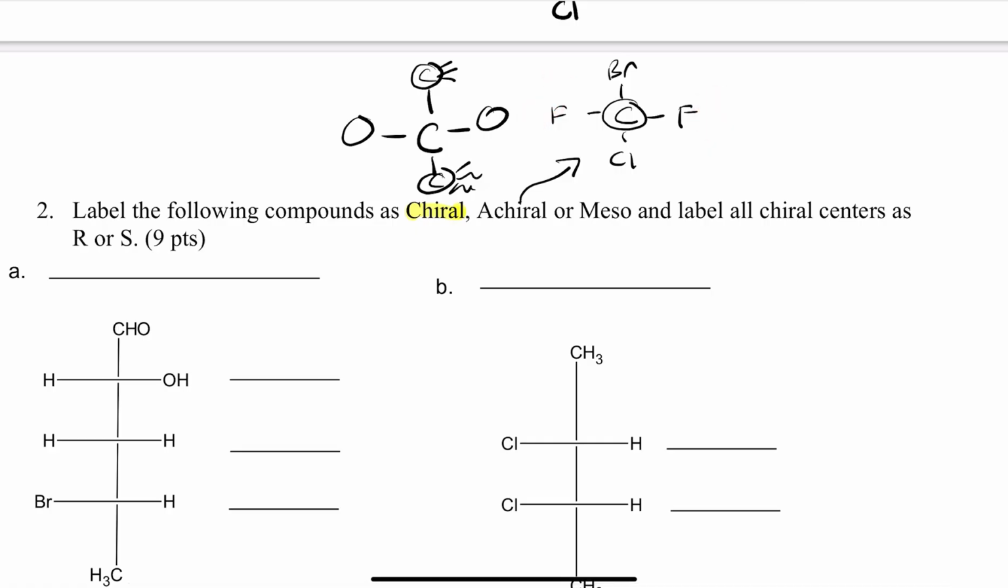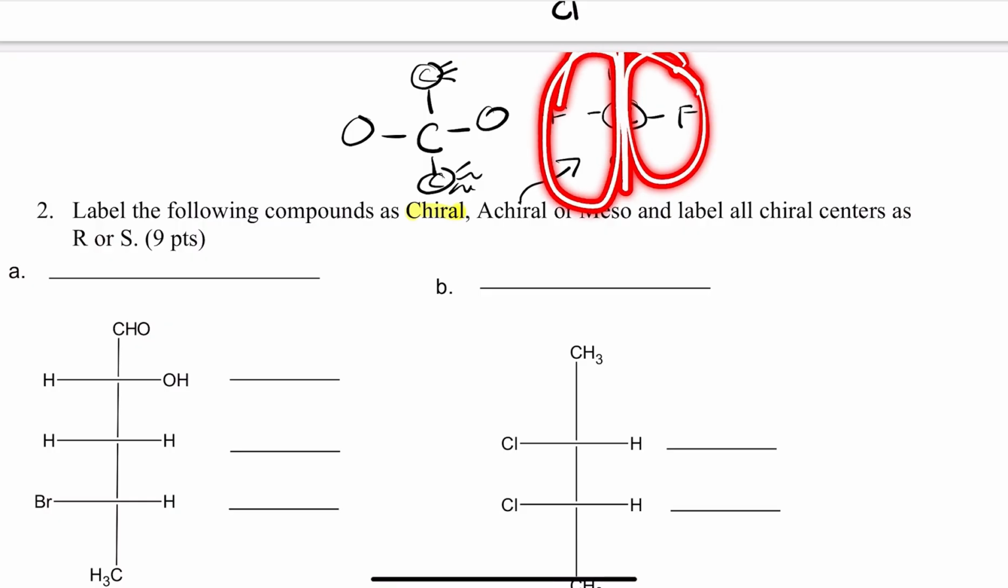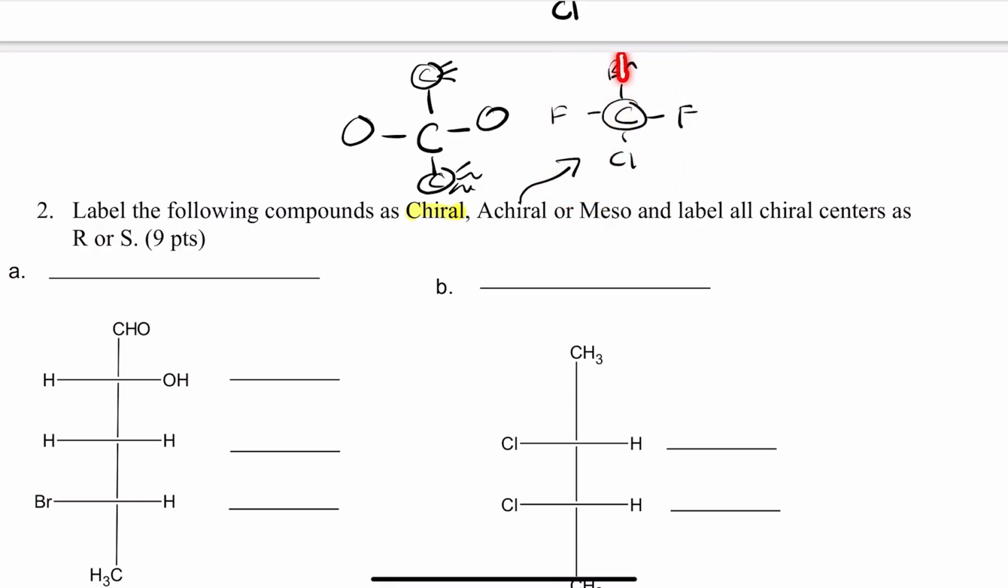So what you see though is that there are no chiral centers, but there is a plane of symmetry right here. If you put a mirror in the middle, this whole half would fold over onto here. Even though you're literally cutting these elements in the middle, it would still fold over, and a fluorine would be exactly in the same place.